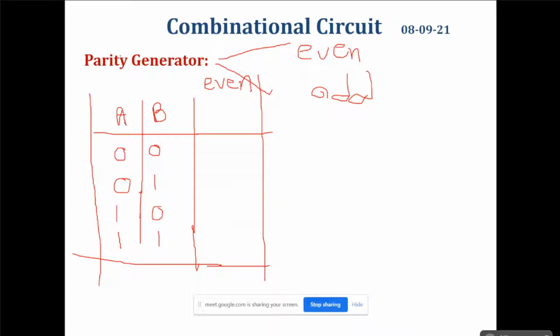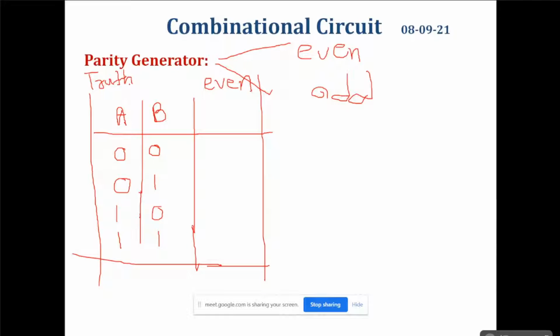Because this is a truth table and we don't have any boolean expression. If we have a boolean expression, then on the basis of it we can find the circuitry, and the implementation can be done with the various kinds of gates we have already studied.